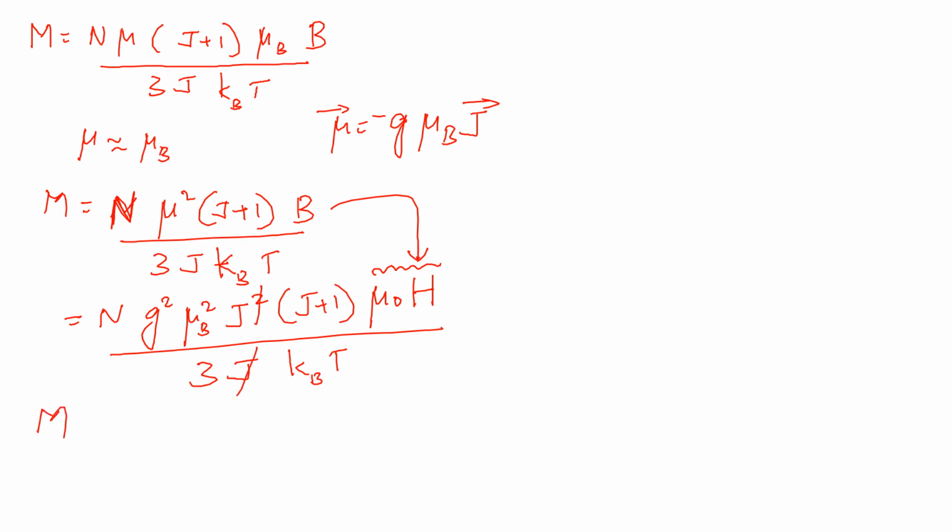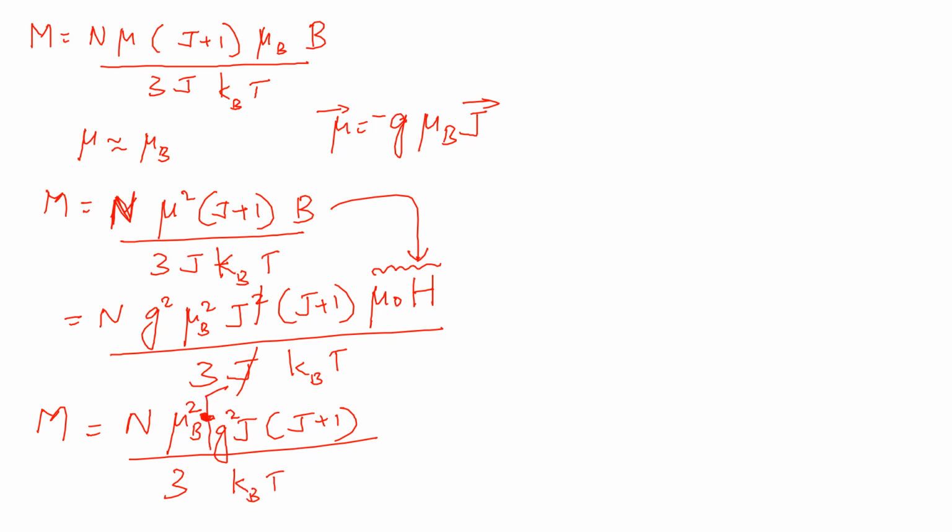So it will be M equal to N, then mu_B squared, then there is j into (j plus 1), there is a g squared also, this is mu_B squared divided by 3 k_B T.